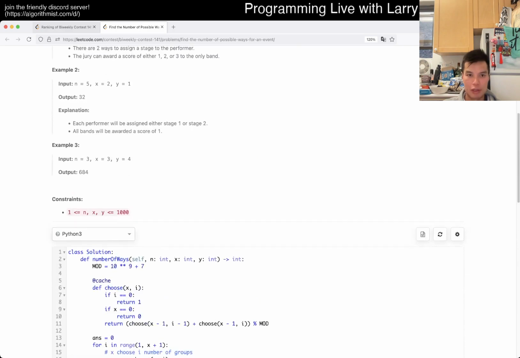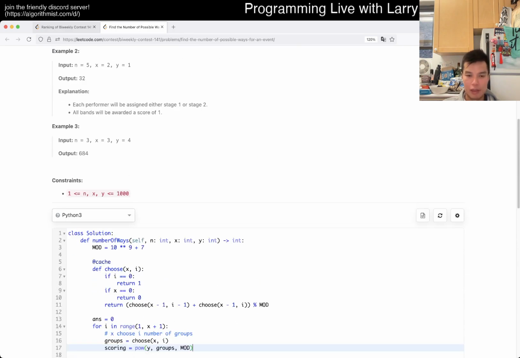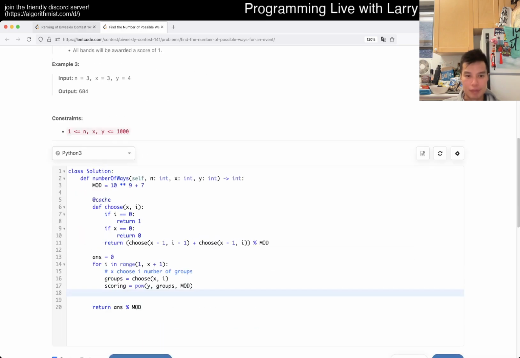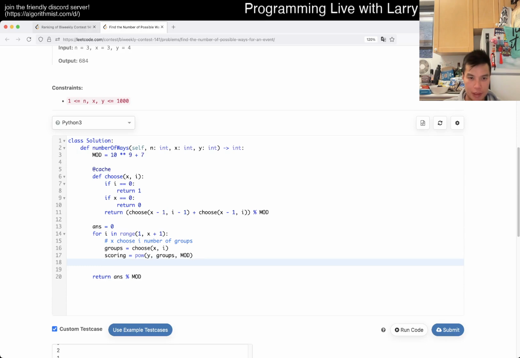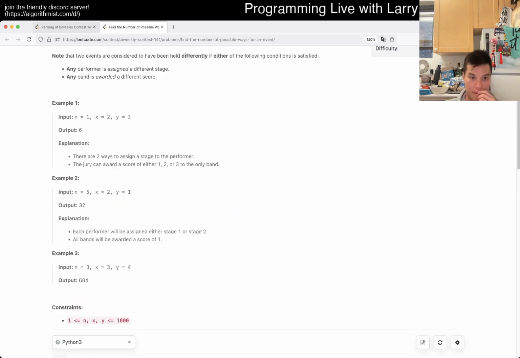So this is the scoring difference, and then the groups is, no, it's 4 to the I for the number of distinct groups. This is confusing, but yeah, okay, fine, whatever, this is fine.